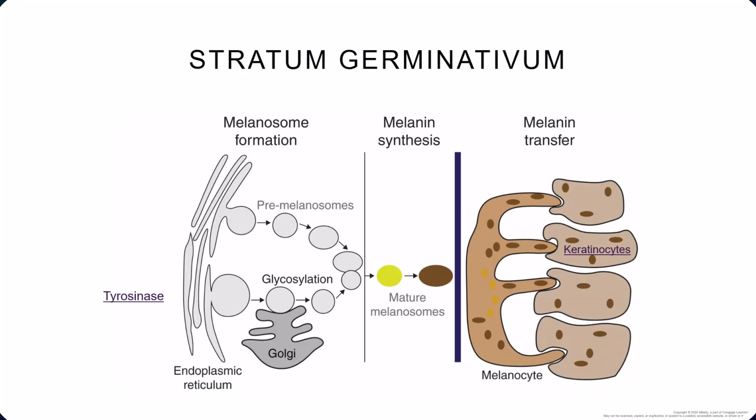The stratum germinativum also contains our melanocytes, and these are the cells that produce the pigment granules in the basal layer. Those granules are called melanosomes, which can produce the complex protein melanin, which determines the skin color, the eye color, and the hair color. So as a recap, melanocytes produce melanosomes, which produce melanin.